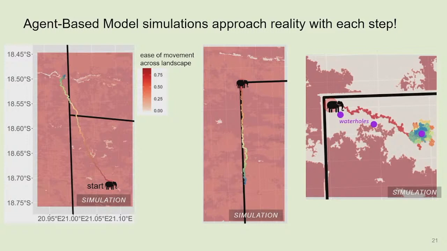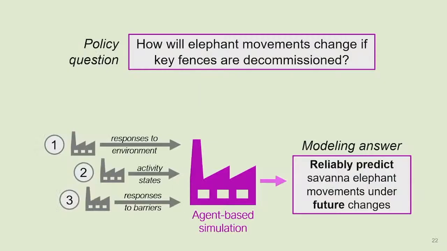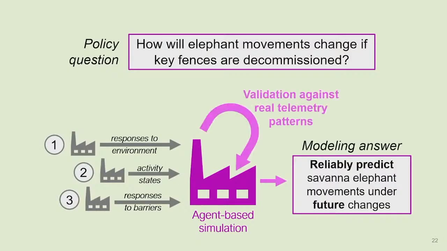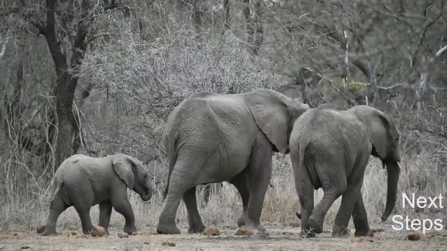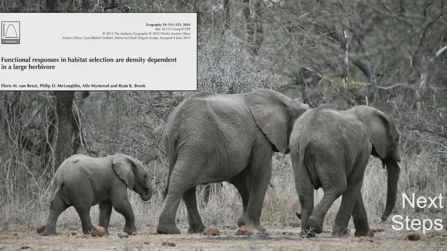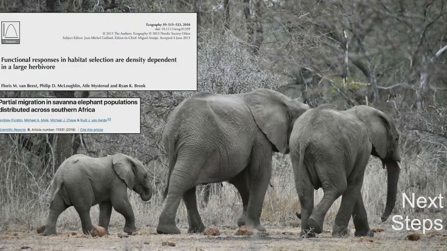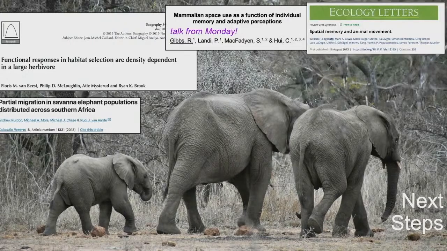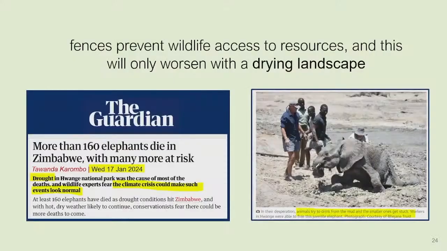I've just been doing this for 6 months, so again, I'm really excited to show more of this next year. And returning to a workflow from before, next steps is validation with real telemetry data. And I wanted to add in some other components I know you guys are going to ask me about, which would be density dependence, migration, and even some things that were mentioned in previous talks, like the species and memory and adaptive perceptions on the landscape.